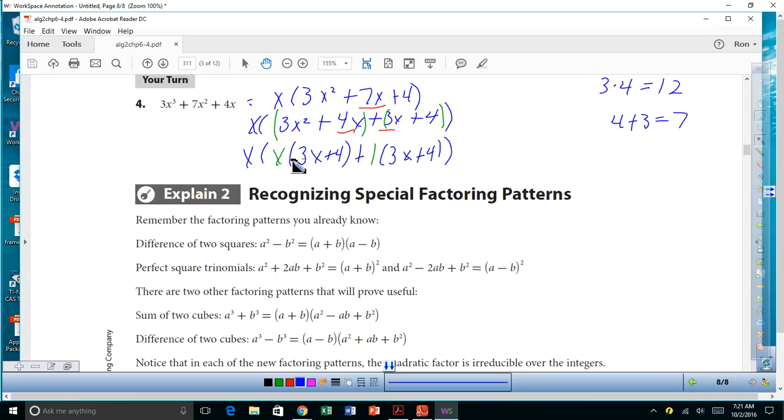Now, this and this, they're the same thing, right? So we're going to end up with x times x plus 1, this term and this term, and then we've got the 3x plus 4 left. So now we have factored that.